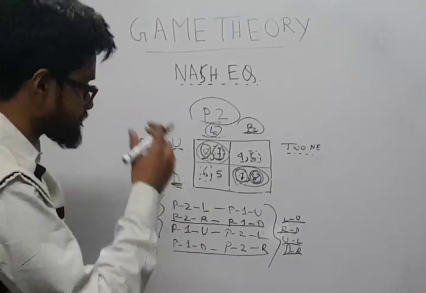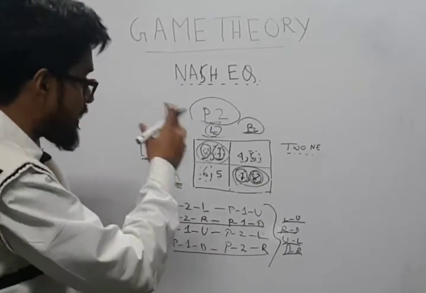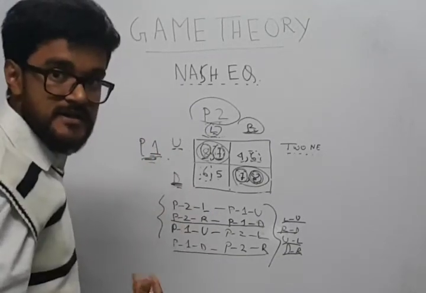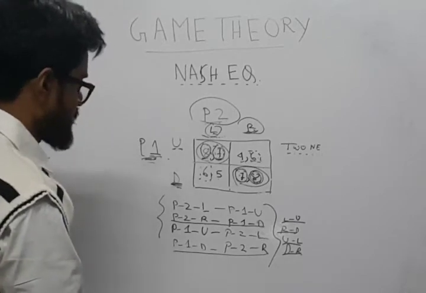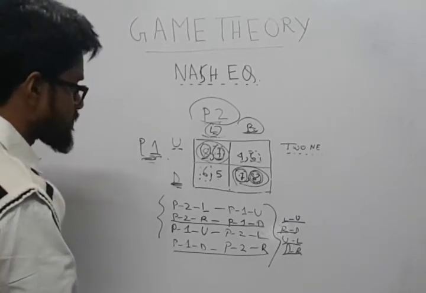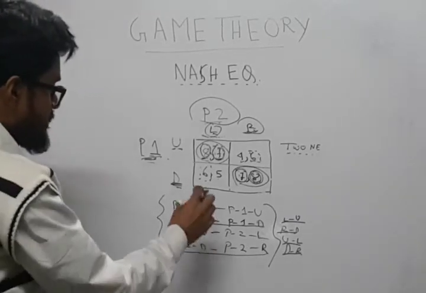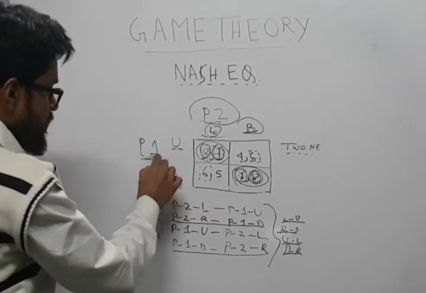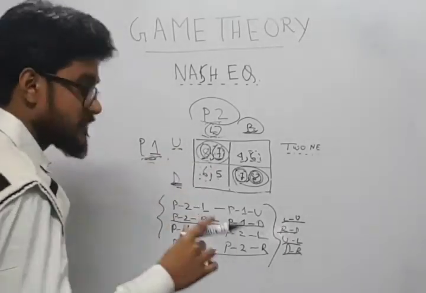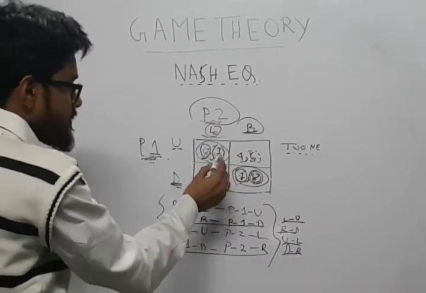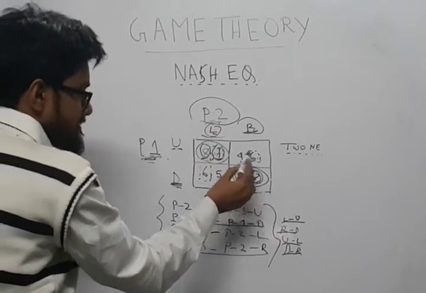So now I'll be repeating what I have done in this case. See, in this case, what I have done is that when we are comparing player 1's first move, then player 2's strategy, we compare the row, the second one.